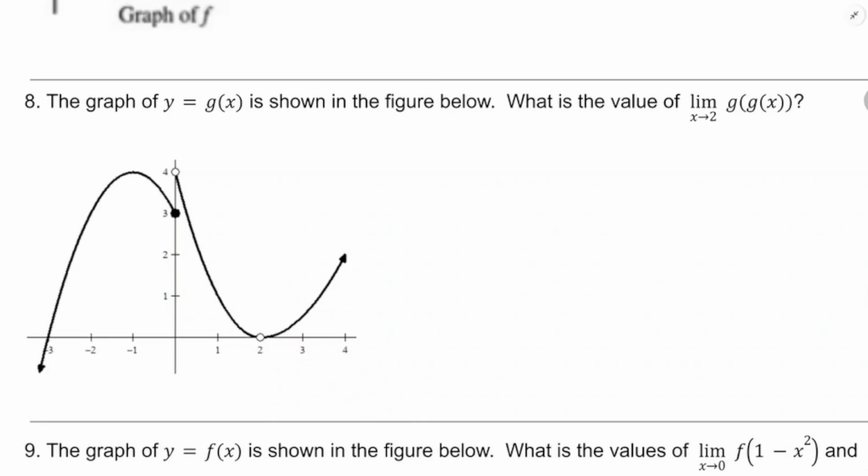Okay, number 8. Here we've got a composite limit, and because I am committed to a diversity of problem types and difficulty levels, I'm going to show you some difficult ones too, and this is going to be one that we're going to have to think through. These composite limits are tricky, but I really believe it's the best thing to do to show these to you right at the beginning, let you grapple with them a little bit right now.